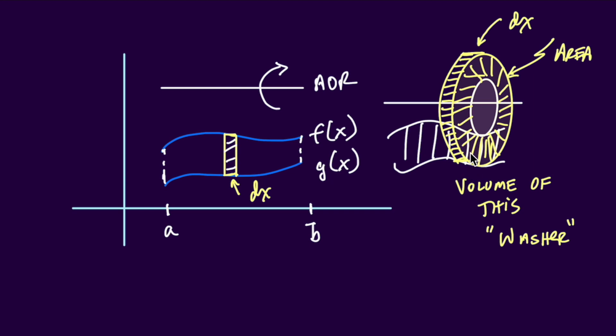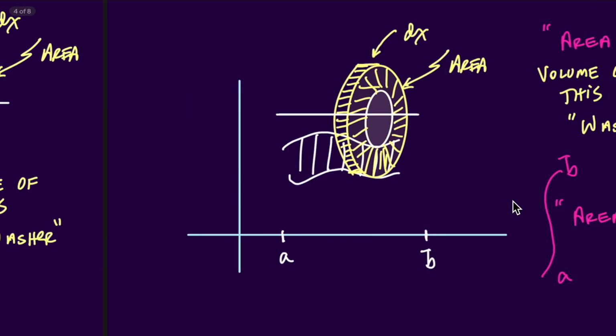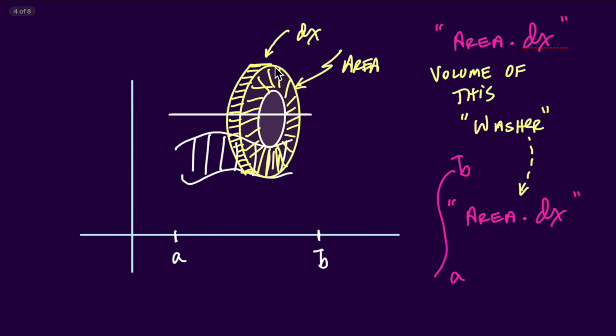So here's what we're going to do. We're going to find the volume of one of these washers. How are we going to do that? We're going to find the area of that circular patio around that circular pool, and we're going to take it through a space, a distance of dx. Once we get the volume of one of these washers, we're going to do a summation and we're going to integrate from A to B. So look at this.